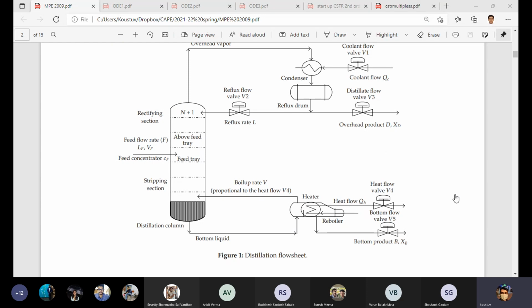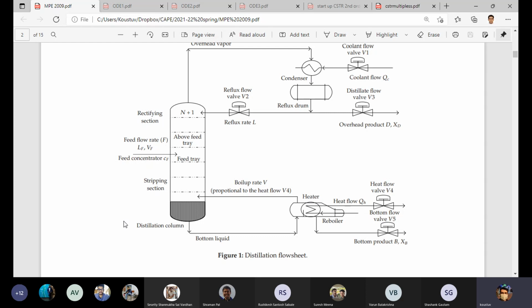Who will tell it? Shraman, Pal? Yes, sir. Can you think where the source of the nonlinear term could be? The relation between the two mole fractions in each tray would be... What relation? Yes, you are there, but what relation?